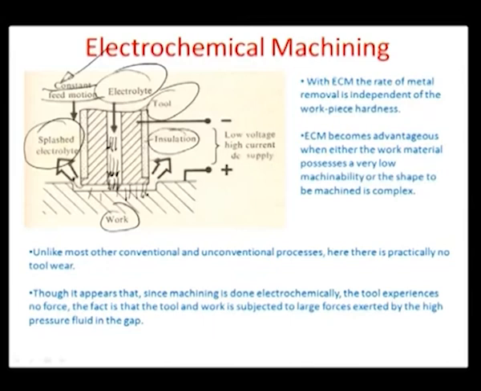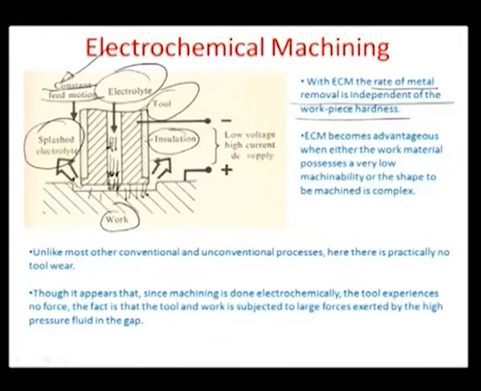So with ECM, the advantages are that the rate of metal removal is independent of the workpiece hardness. Okay. So the workpiece may be of any hardness value. There is no scribing involved, or no ploughing action. So it is not mechanical, and therefore the dissolution is a property which is electrically dependent, and you need not have a higher force typically to remove the material, which may happen in a conventional process.